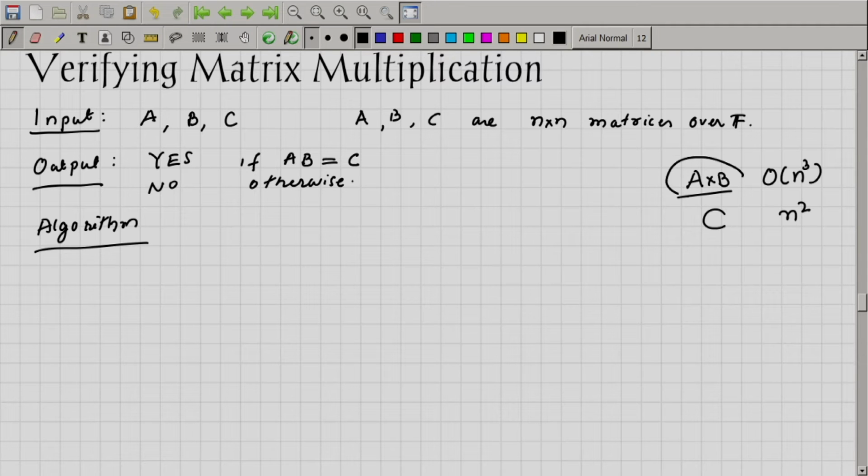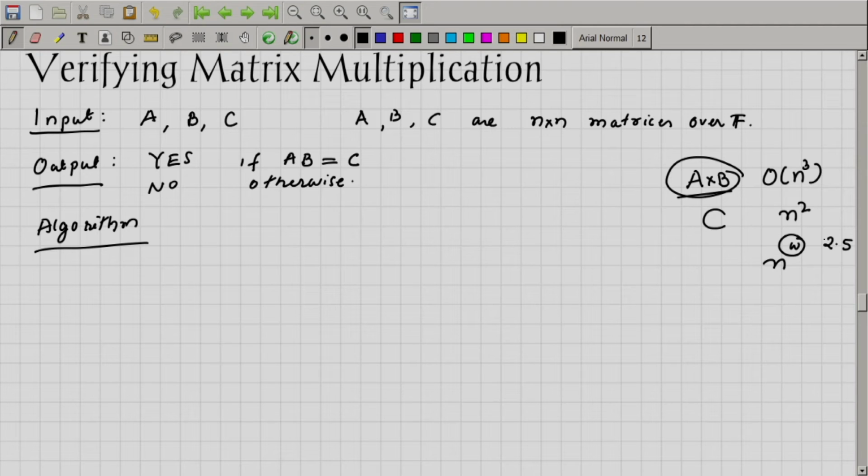Of course, we could do faster multiplications of the matrices, in which case we will get something like n raised to omega, where omega is the exponent of matrix multiplication, something like 2.5, whatever the value of omega. That is still greater than the input size. The input size is n square. There are 3 matrices of size n cross n, which means the input is of size 3n square.